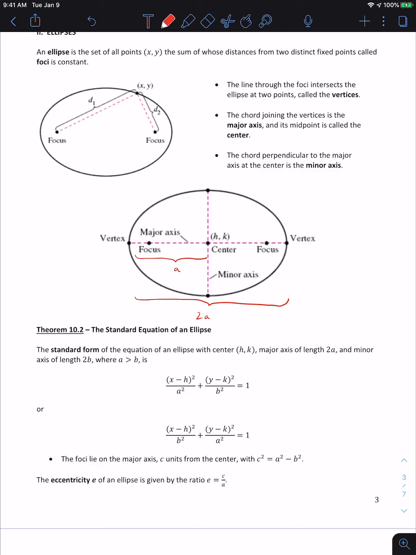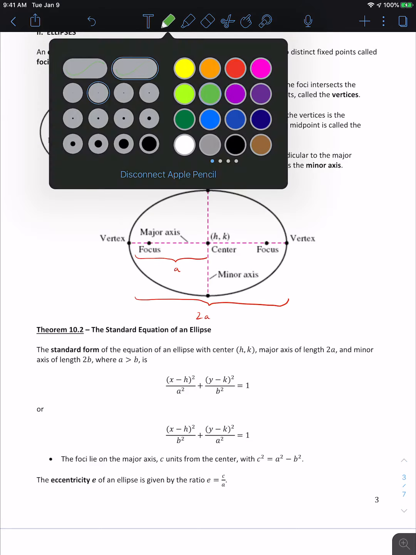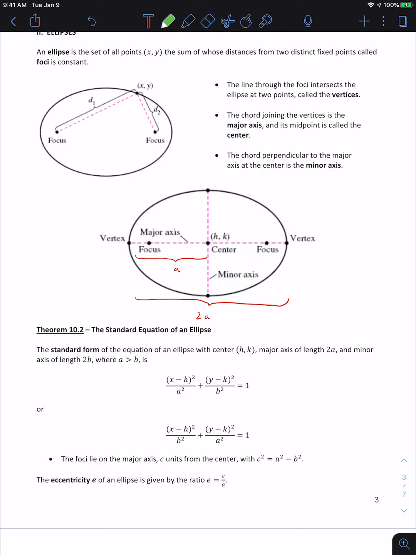Then I have a minor axis of length 2b, the distance from here to here. That's 2b, which means this distance over on this side is b.